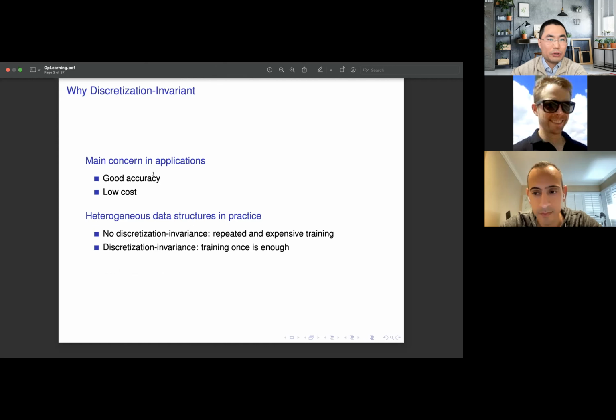So if we don't have discretization invariance in this learning algorithm, then whenever you have a different data structure in your testing, you might have to repeat training the neural network again so that you can apply the new testing data in your neural network. The repeated training might be very expensive.